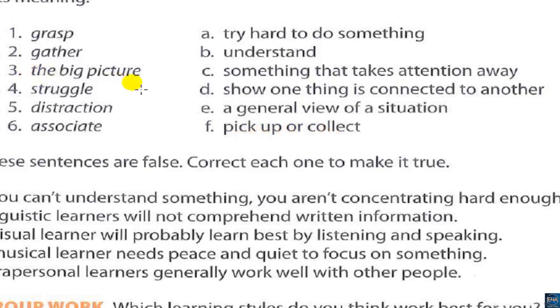2, gather. Gather, F, pick up or collect. 3, the big picture. The big picture, this is number E, a general view of a situation. 4, struggle. Struggle, A, try hard to do something. 5, distraction. Distraction, C, something that takes attention away. 6, associate.